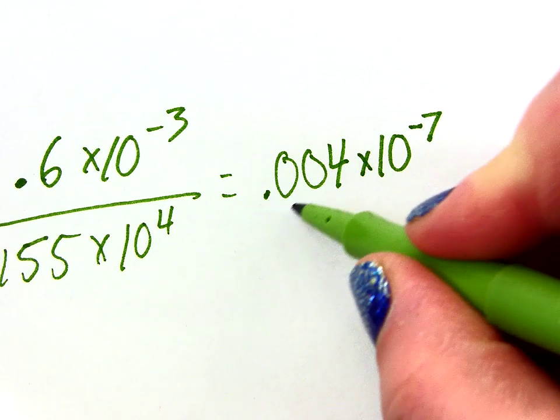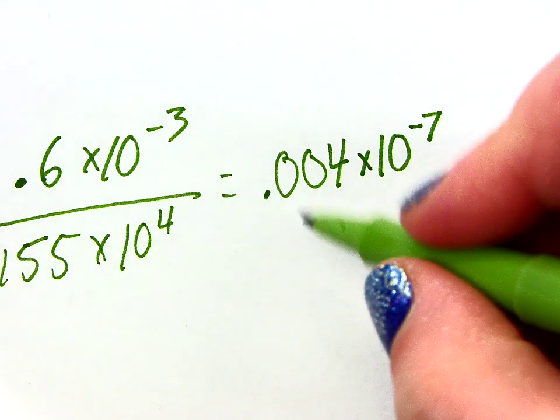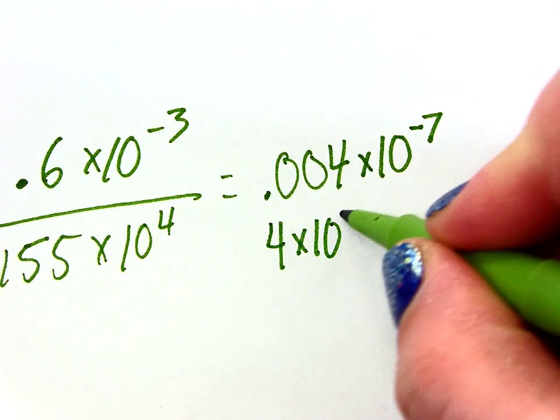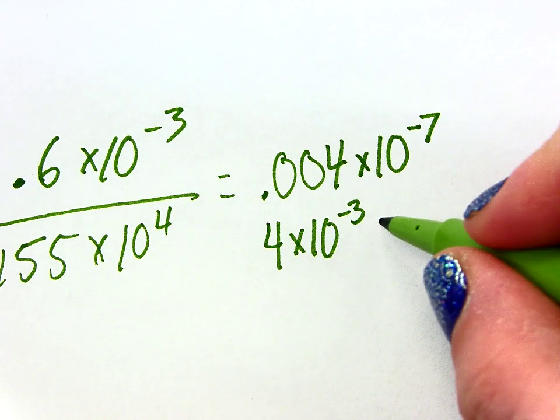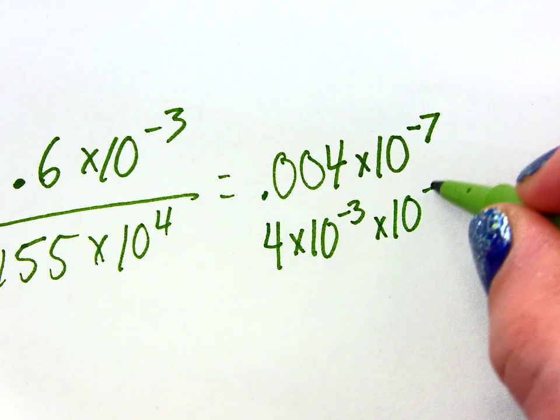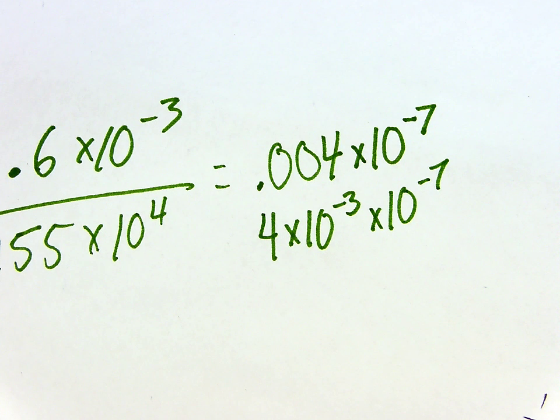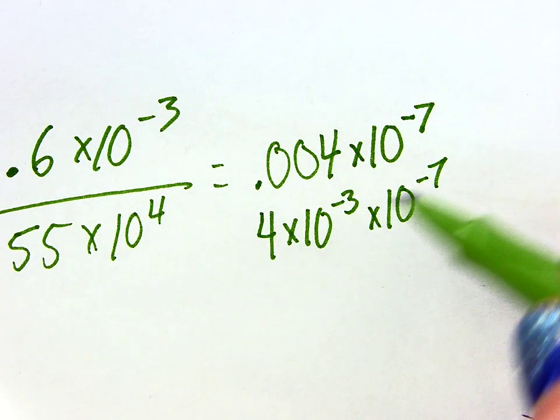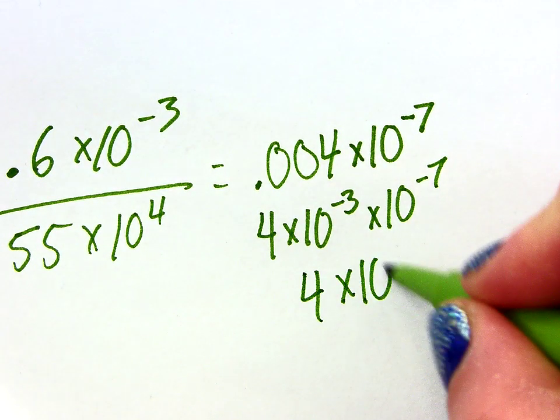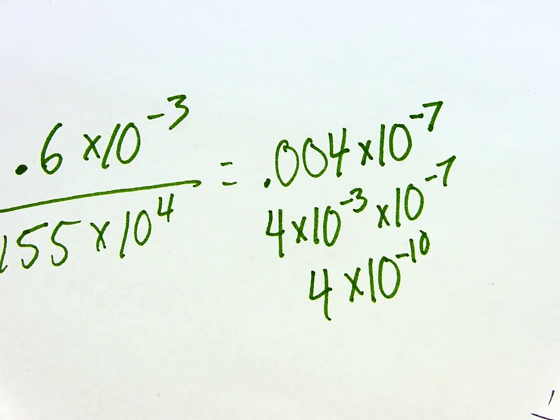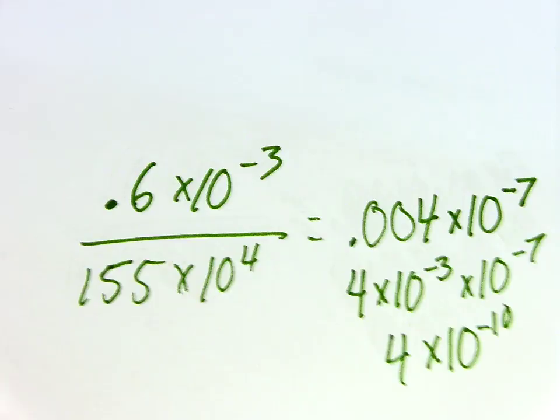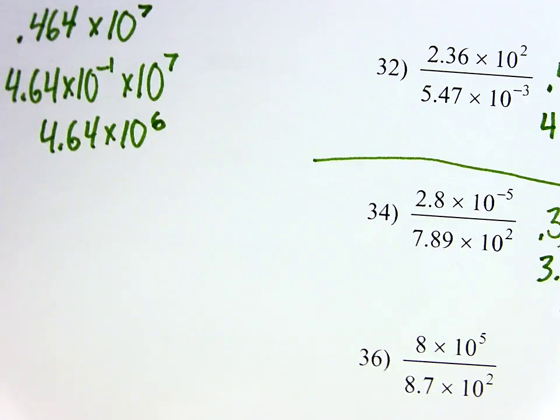I'd have to move it 1, 2, 3 spaces, so that number would be 4 times 10 to the negative 3. When I put those two together, 4 times 10 to the negative 10th. Yes. Does that make sense? So it's not always a 1. It just so happens that we've had a bunch of 1s in a row. Okay.